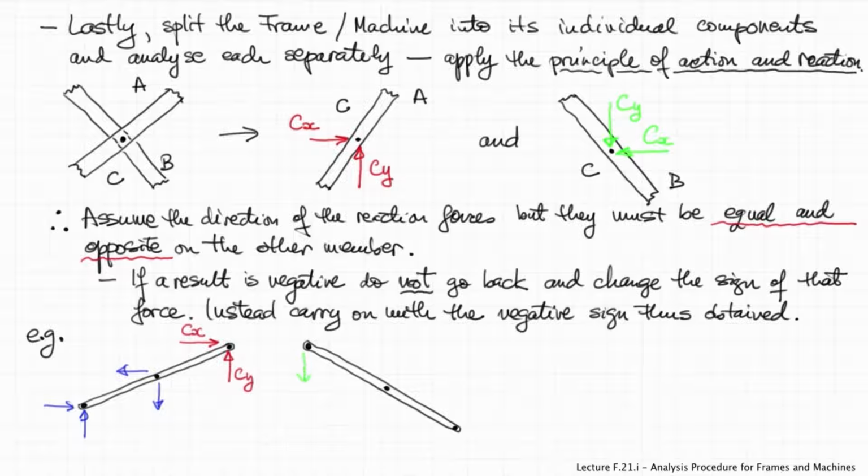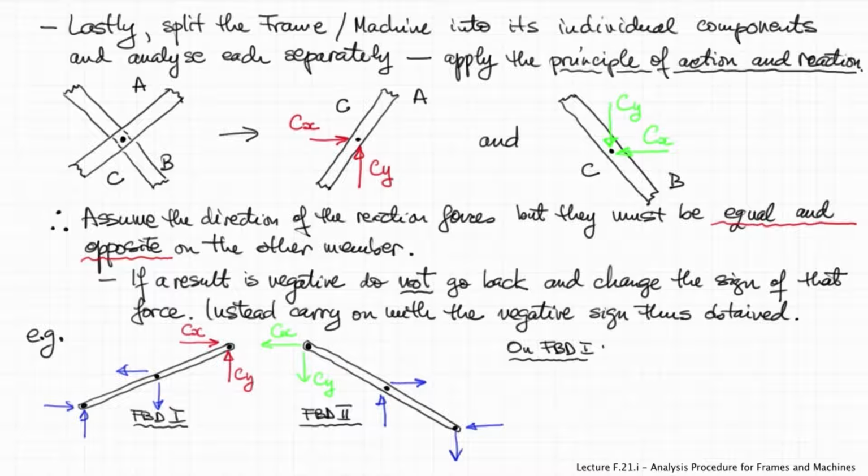And then on the right hand side free body diagram, on the other member, Cx and Cy look like so, with opposite directions from the other side. And of course on this member there will be some other forces acting at other points along the member. So this would be, say, free body diagram 1, the free body diagram 2, and let's say that we've written an equation of equilibrium on the first free body diagram, and from this equation of equilibrium the vertical reaction force at C resulted negative.